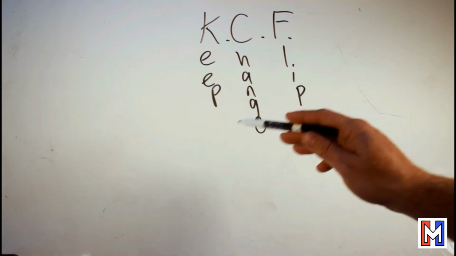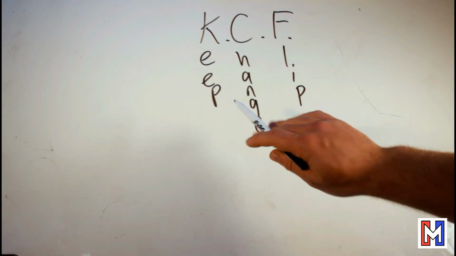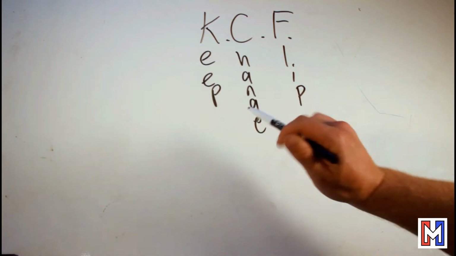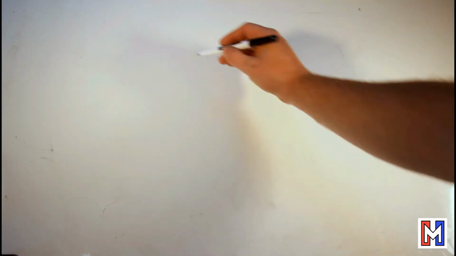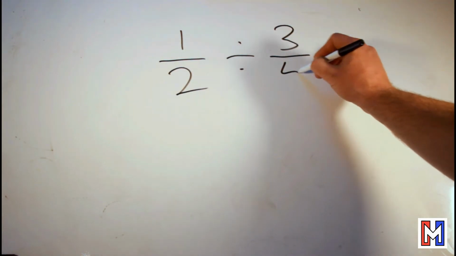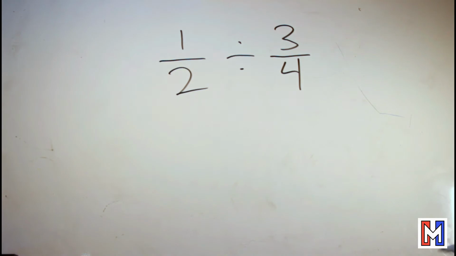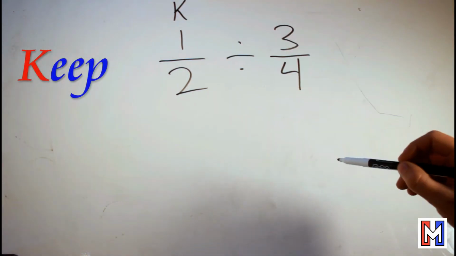Now let me show you what that means, all right? And I'll put this up on the side so you can see it, but I need this room, so let's get rid of it. All right, so the first one, K, stands for keep. So let's start with a problem. 1/2 divided by 3/4. Okay? So keep means the first thing, our first fraction, we're going to keep it.